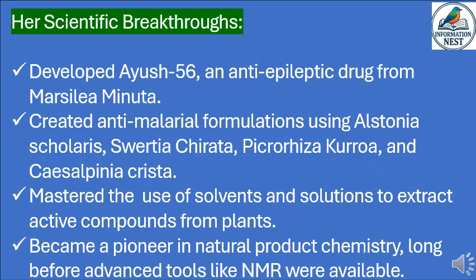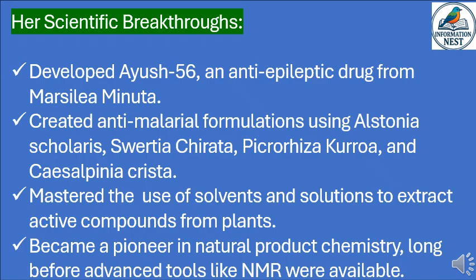A plant you might walk past without noticing, she turned it into a life changing remedy. She created powerful anti malarial formulations using Indian medicinal plants like Alstonia scholaris, Swertia chirata, Picrorhiza kurroa, and Caesalpinia crista. These weren't just herbs, they were her chemical allies in the fight against disease.